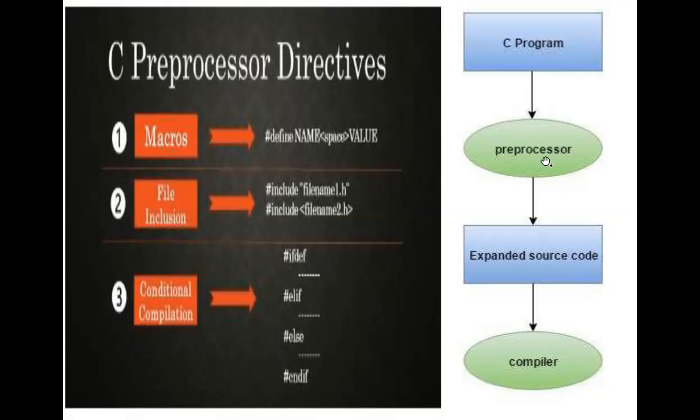That is the main purpose of the preprocessor. It extends the code you have written, and only then gives it to the compiler. So C preprocessor directives is about learning these 3 things: macros, file inclusion and conditional compilation. We'll see them one by one.